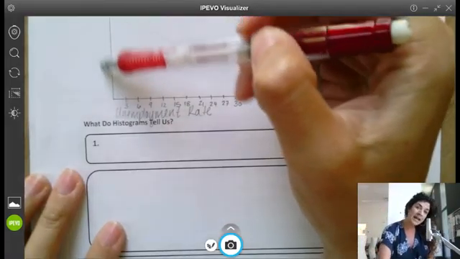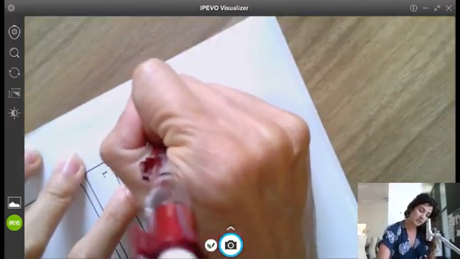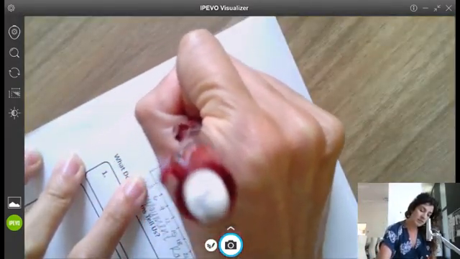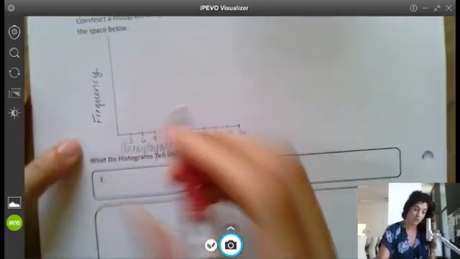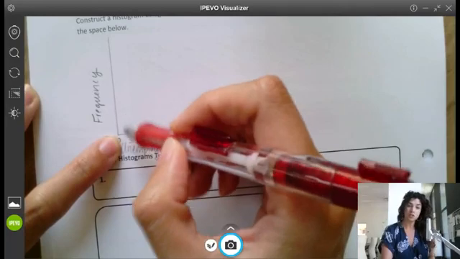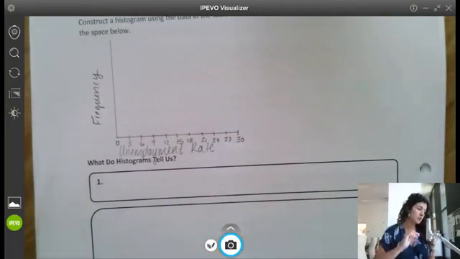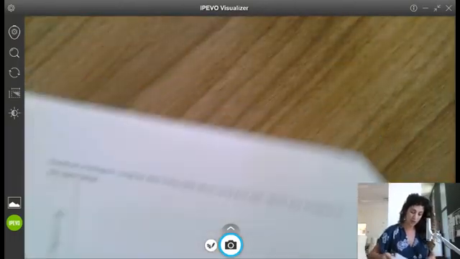On the y-axis of a histogram is where we put our frequency. So this means, in the range between 0 and 3, how many times does a number show up? And we're going to represent it as a bar. Our largest frequency is 44.